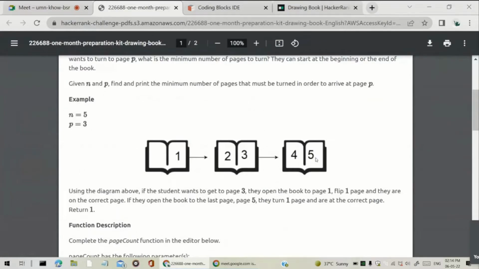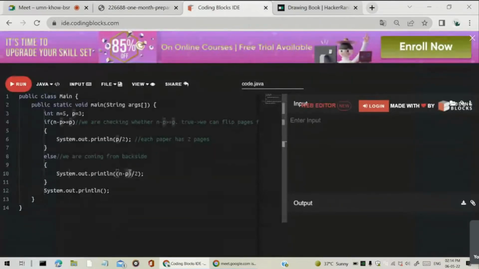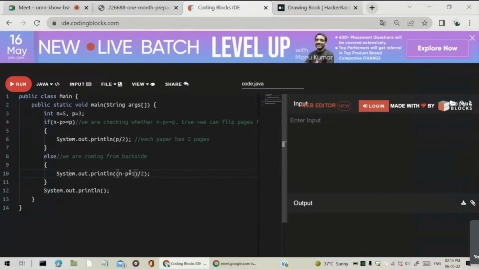So it is essentially telling that we have to flip 0 pages from the back side, but that is not the case. We have to flip 1 page from the back side in order to get page number 3. So in order to handle that case, we are adding 1 when the number is even.